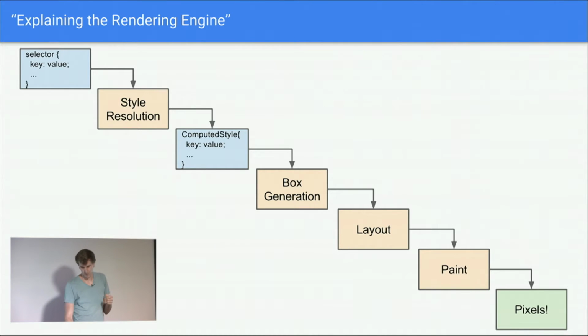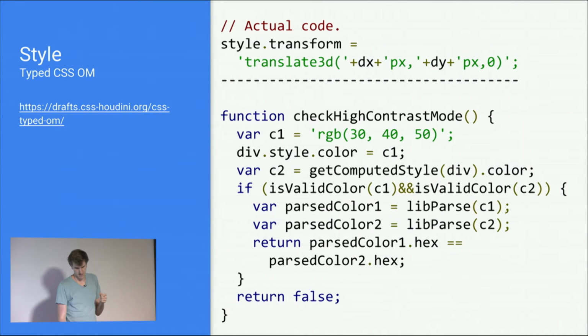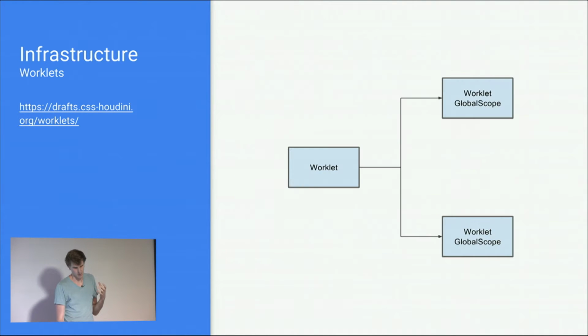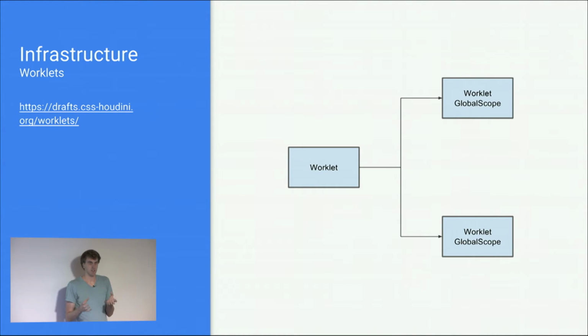So for example, if you're implementing a custom layout mode in main thread JavaScript, and in that custom layout you just removed half of the DOM tree, this would leave our engine in a very, very inconsistent state. What do we do? We also don't want to potentially get into cycle loops and things like this. So we need a restricted JavaScript world, playing with only the things that we give it.